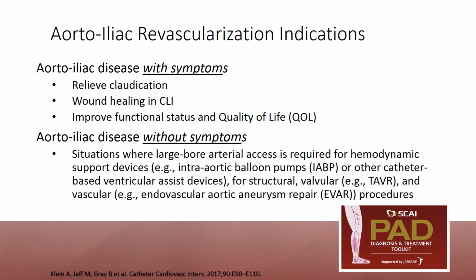So currently, the indications for aortoiliac revascularization with and without symptoms are as follows. If you have symptoms, patients have claudication. Again, understanding that 10 to 30% of patients may have atypical symptoms. Your goal is to revascularize to relieve claudication, or for those patients who have critical limb ischemia, promote wound healing and/or improve functional status and quality of life.